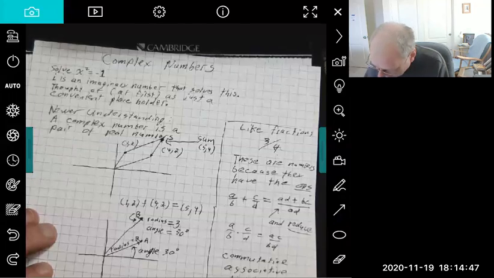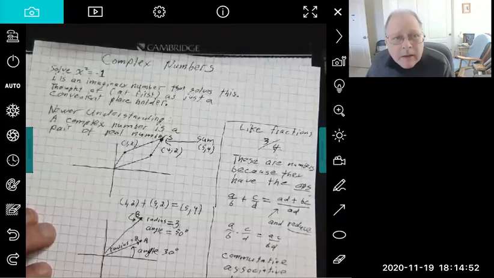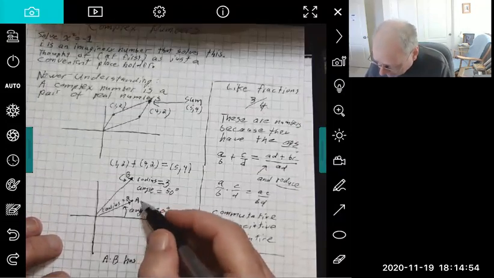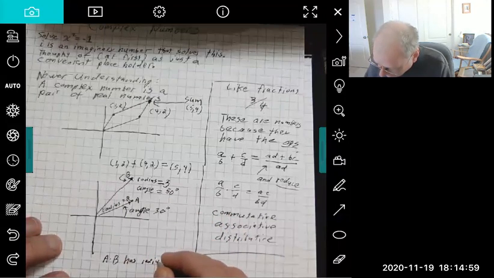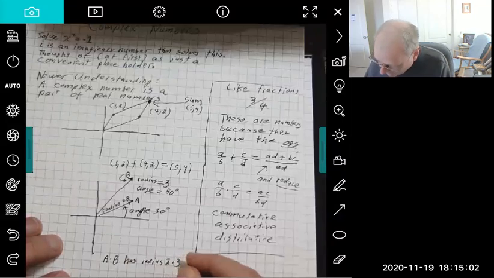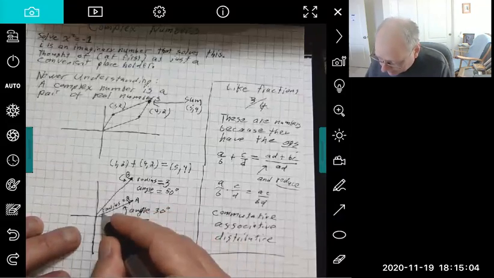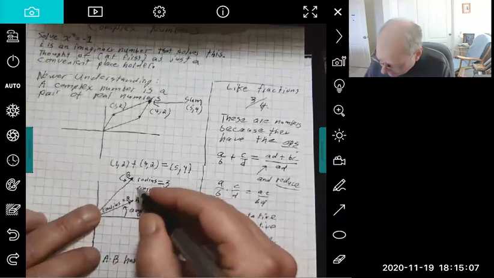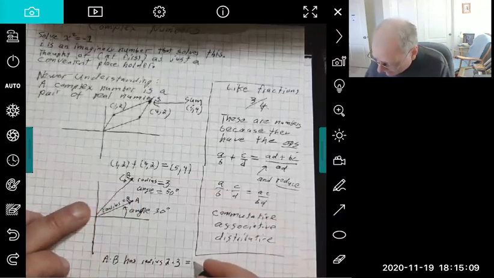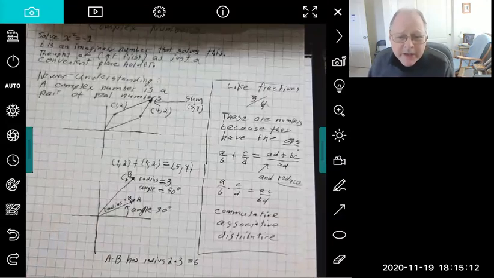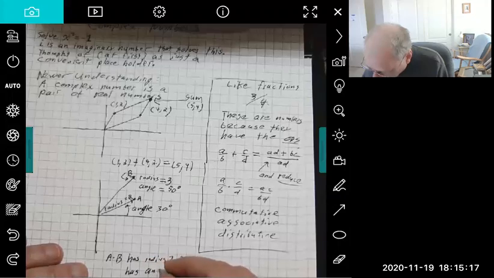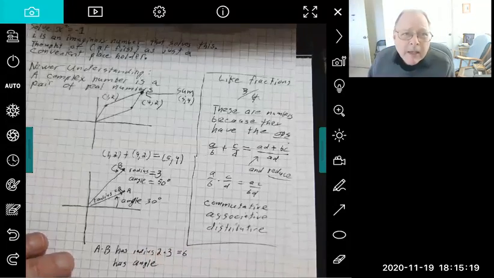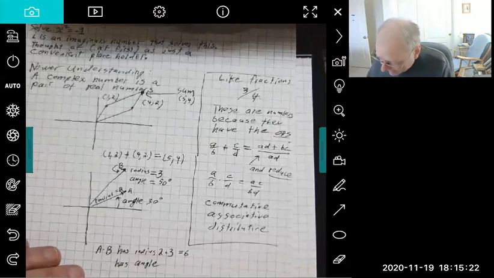To multiply, the way you get the radius is you multiply the 2 radii. This radius, the length of the arrow, is 2. This one has a radius of 3. When you multiply, the new point has a radius of 6. And to get the angle, you add the angles.